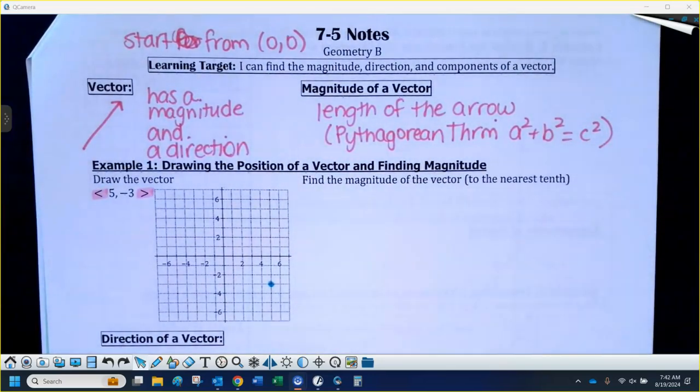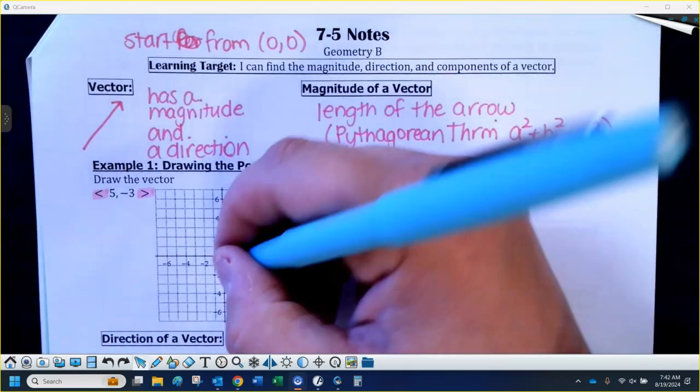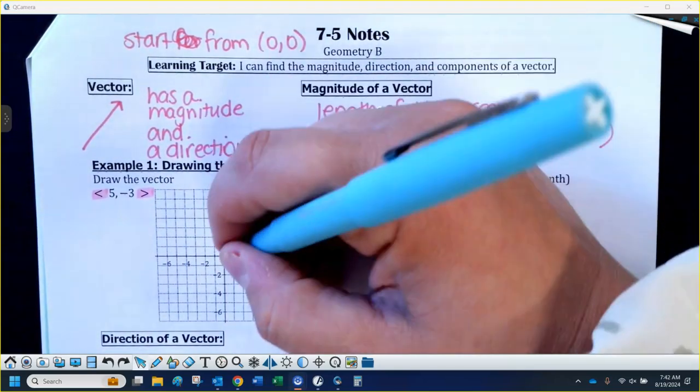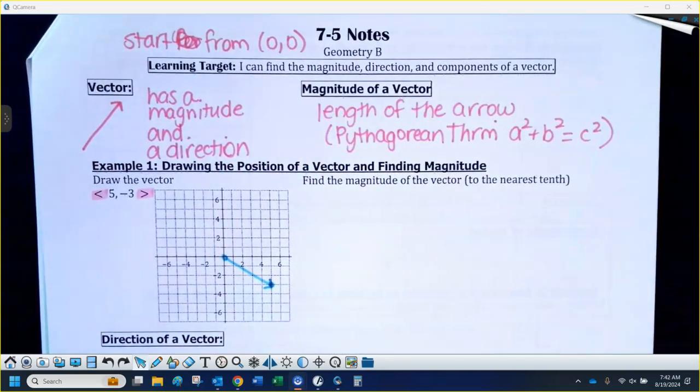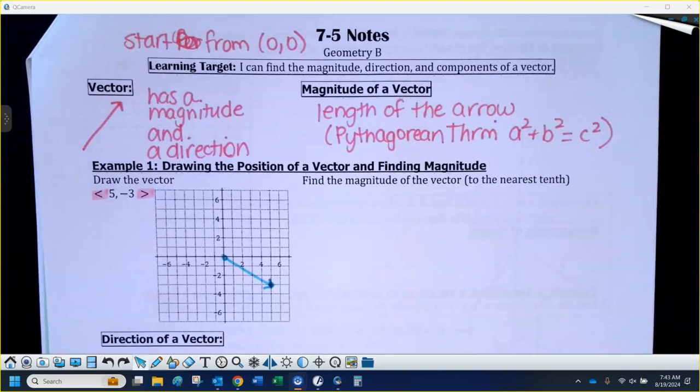Whenever you draw a vector, you start it at the origin, and I'm just going to draw an arrow that points to that (5, -3). If you can plot that point, just connect it from the origin with a little arrow pointing to the point. That's your vector.